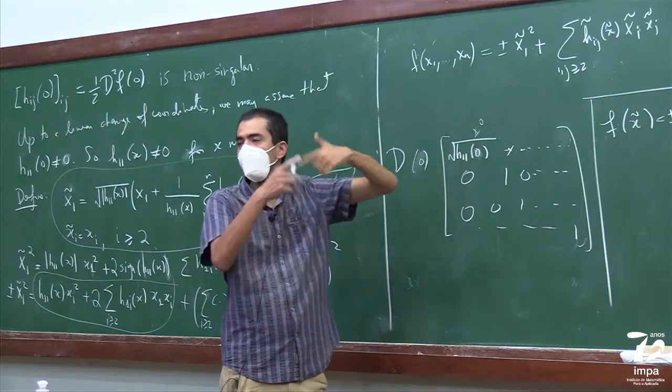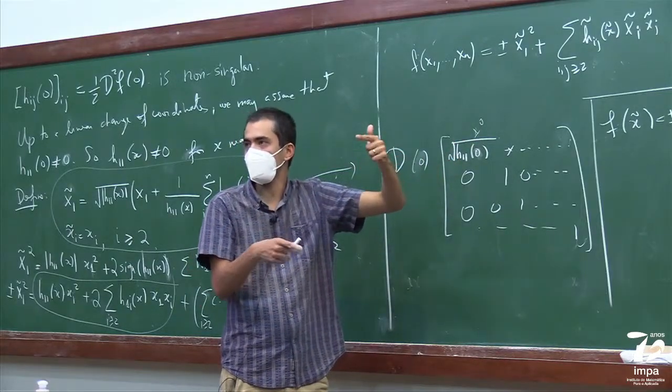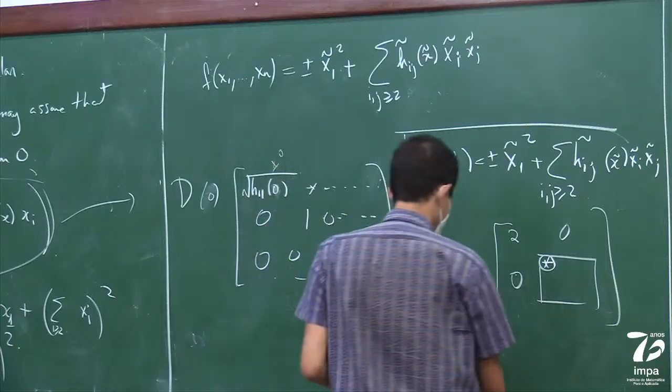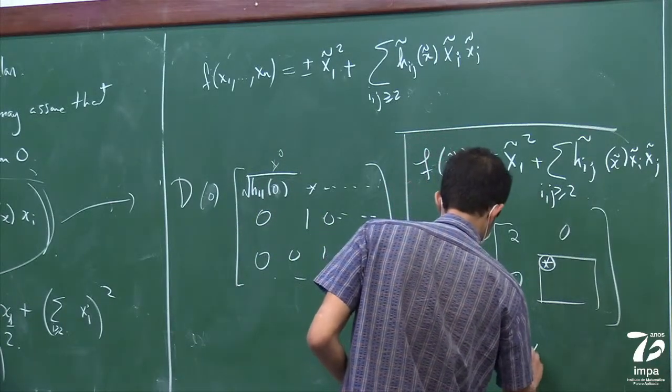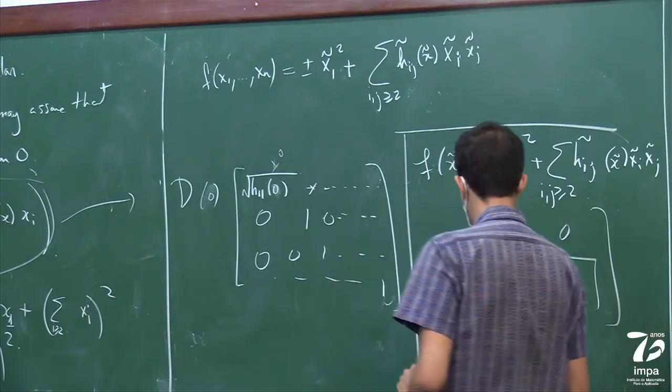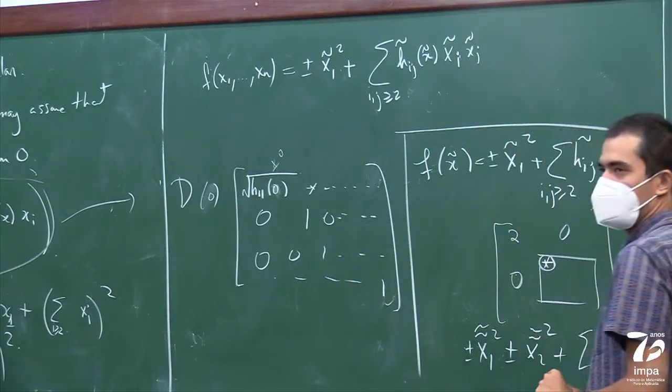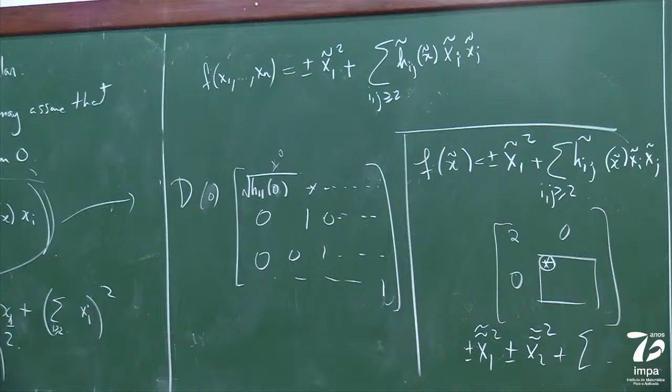So you use the inverse function theorem again to say, now I have plus or minus x1 tilde tilde, and then I have x2 tilde tilde squared, and then I have the sum of something with i and j greater than or equal to 3. And then you go all the way to n. Okay? So that's the Morse lemma.